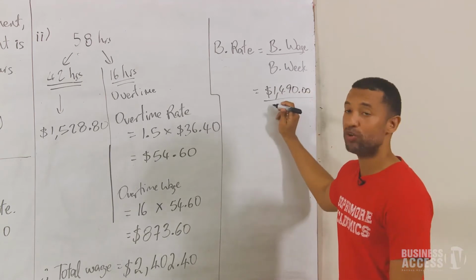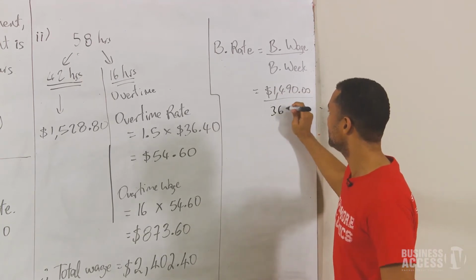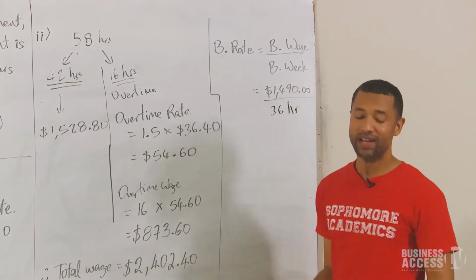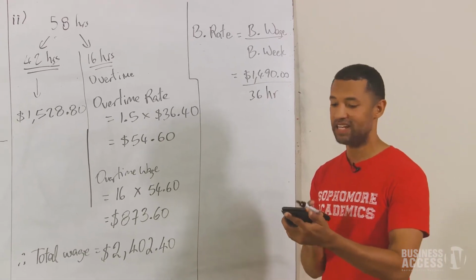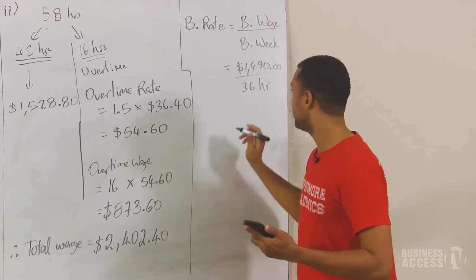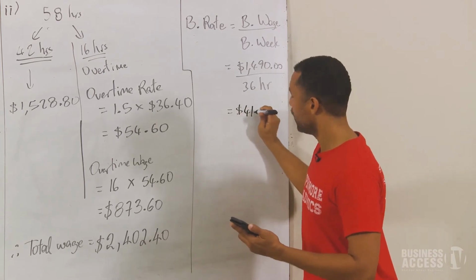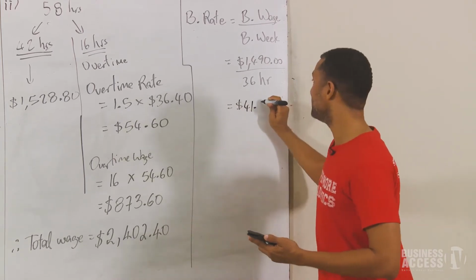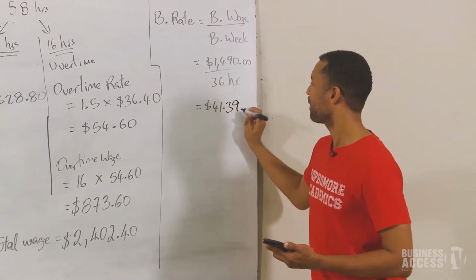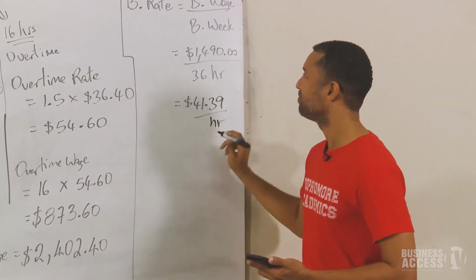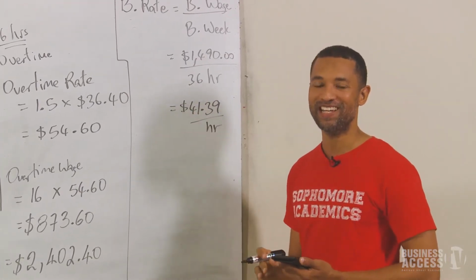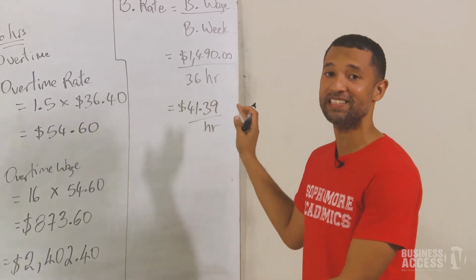And the basic week is 36 hours. You put that in your calculator, ladies and gents, and what you have right here is $41.39 per hour. That is the new basic rate, ladies and gents. So that completes this entire question.